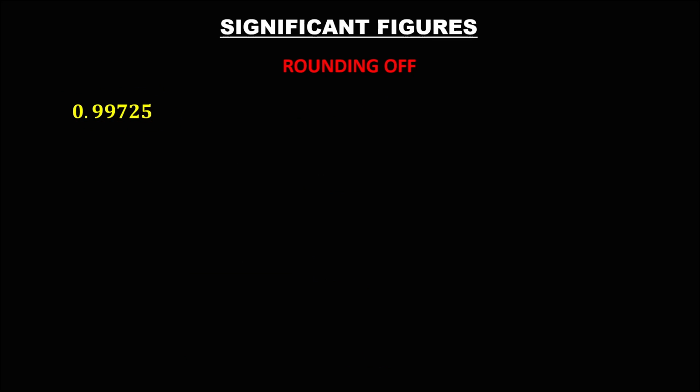Then if we have this given and round off to 3 significant figures, these are the 3 significant figures. Again, we drop the decimal, and since the next digit is 2, less than 5, just copy these numbers. So this is 0.997.